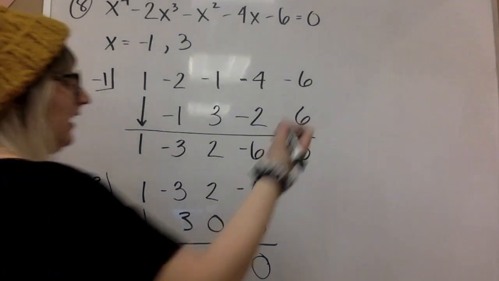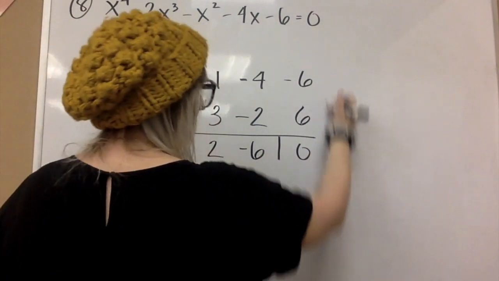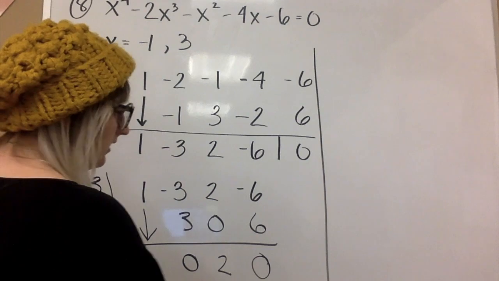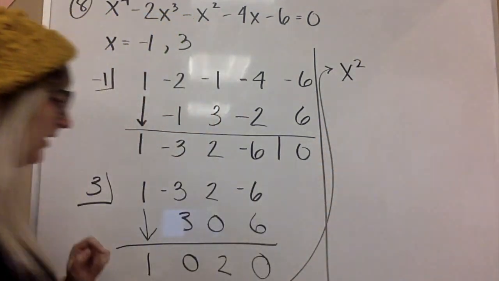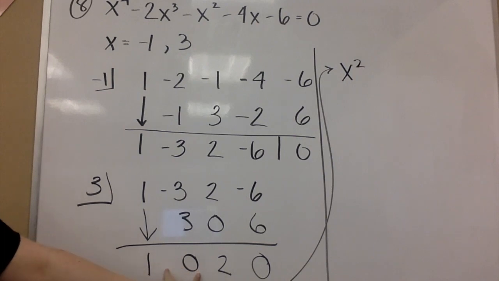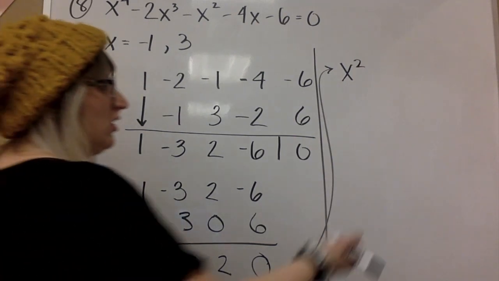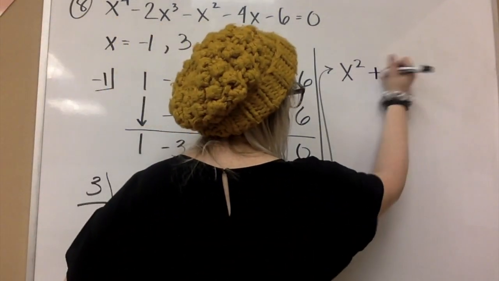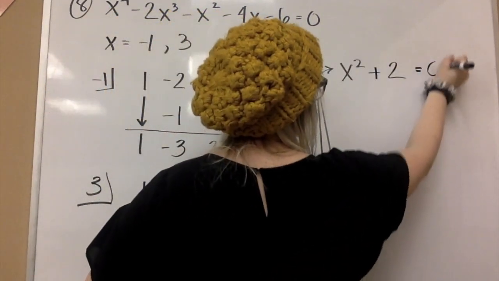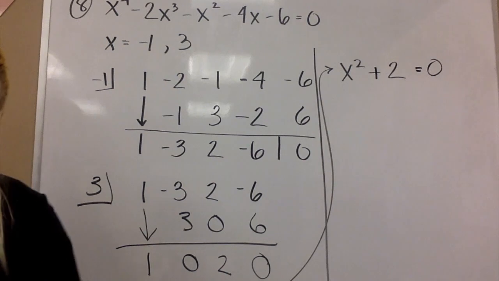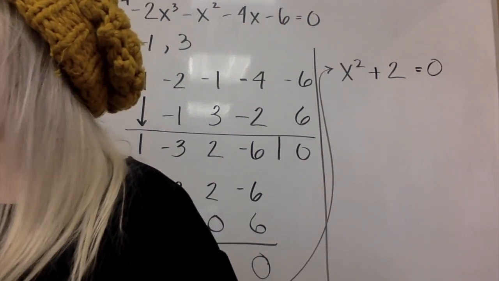So I'm going to take this here and rewrite it up here as x squared, and then I don't have an x value, so I have x squared plus 2 equals 0.